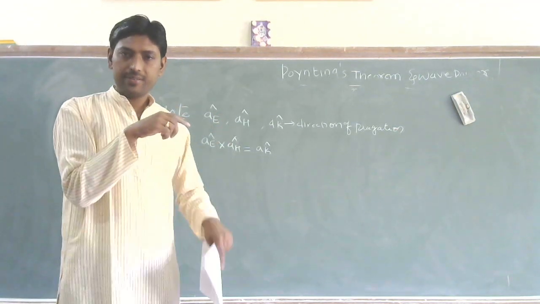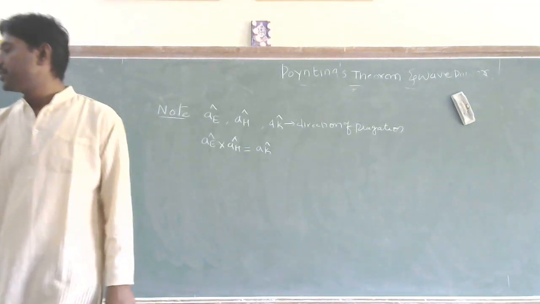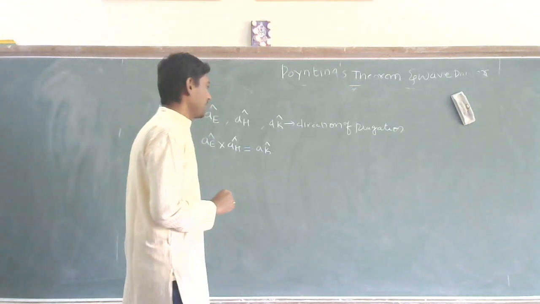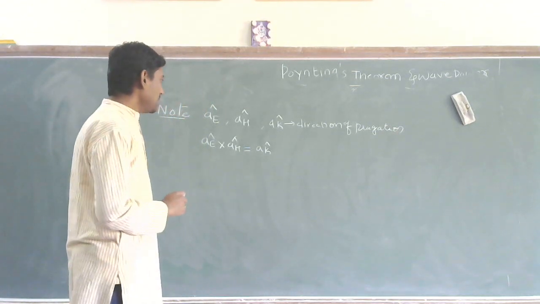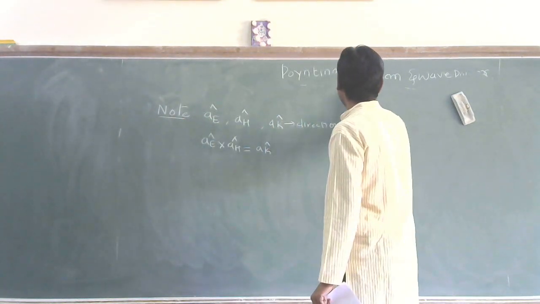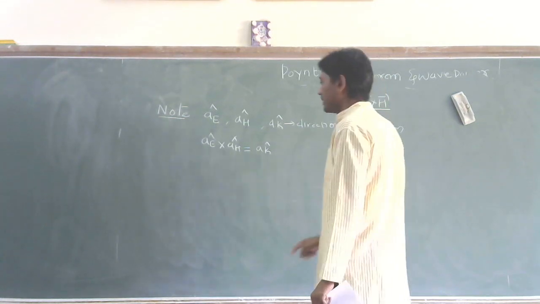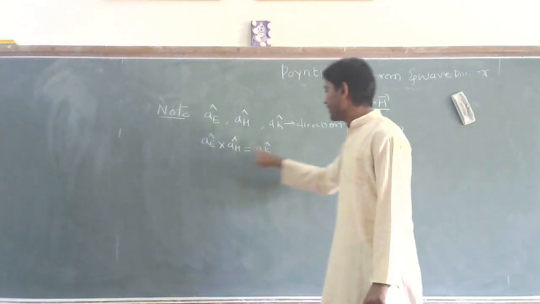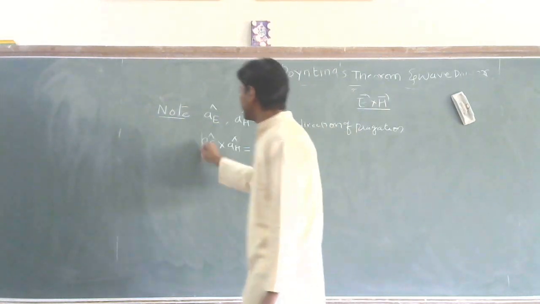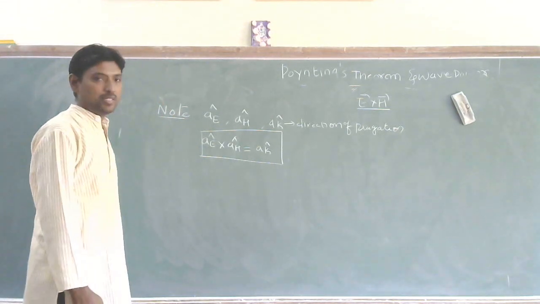We have understood that from the Poynting vector, which is given by E cross H. There is a flow of power in the direction of E cross H, which means that the wave is propagating along the direction of E cross H, and hence we can use this to identify the direction of propagation.